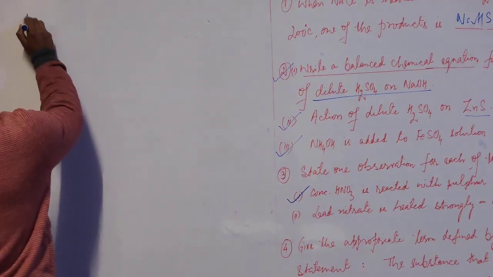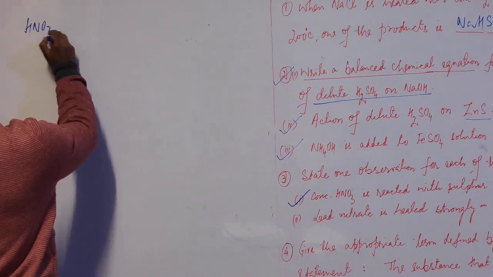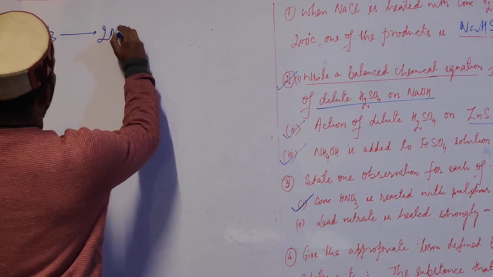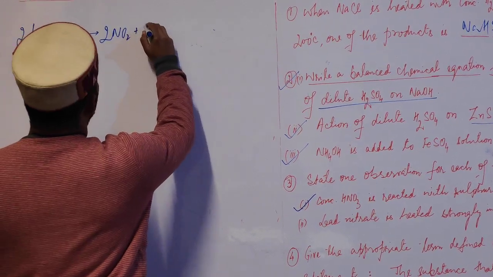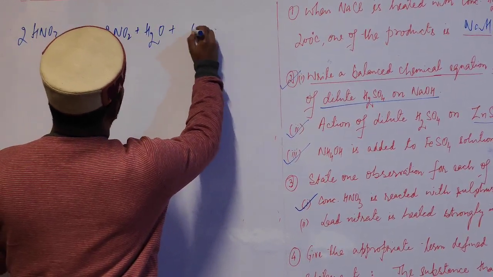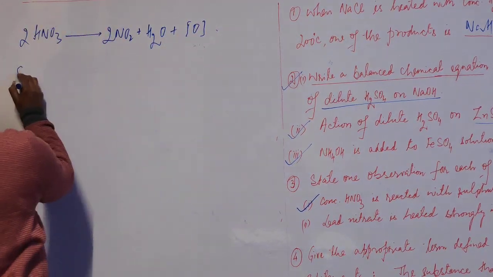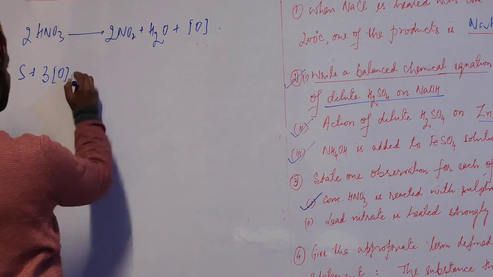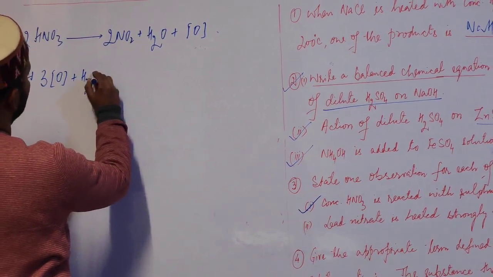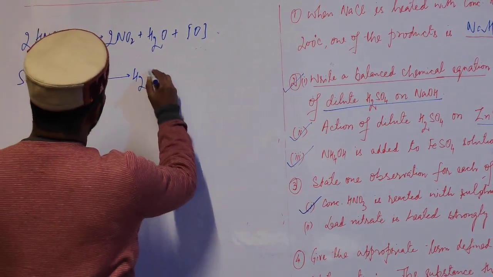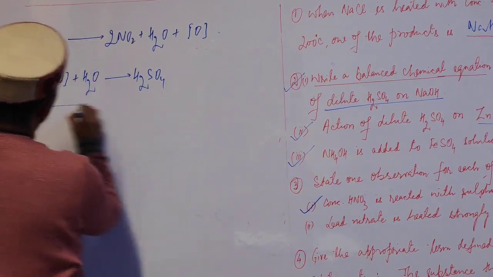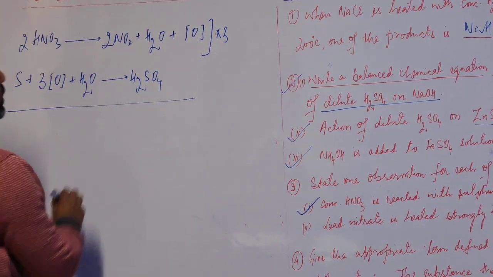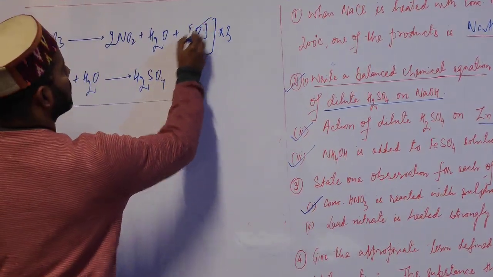Now students, nitric acid we know is a very good oxidizing agent. So it gives nitrogen dioxide, then it gives water and nascent oxygens. These oxygens then oxidize sulfur to give sulfur trioxide, but as soon as it is formed, it dissolves in water, giving sulfuric acid. So we'll add, but before adding, we'll make sure that oxygens are equal. So 3 oxygens and 3 oxygens, they cancel out.